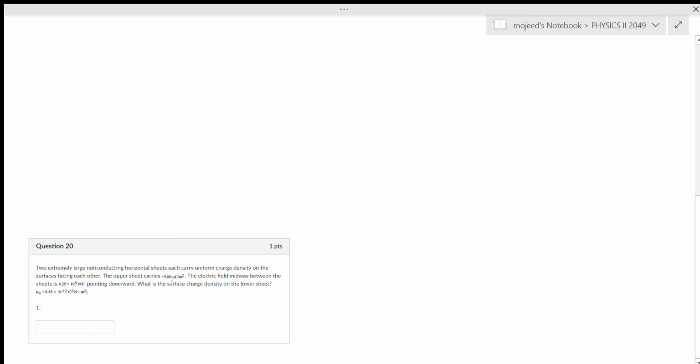The upper sheet carries +5 nanocoulombs per meter squared, and the electric field midway between the sheets is 4.25 times 10 to the 5 newtons per coulomb, pointing downward, and it asks what is the surface charge density on the lower sheet. And we're given the epsilon value, which is 8.85 times 10 to the negative 12, or we can say 9.0 times 10 to the negative 12.